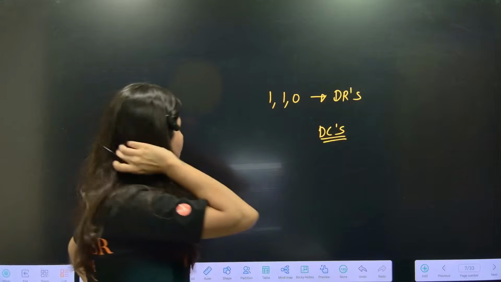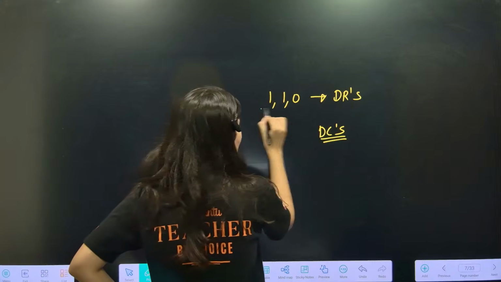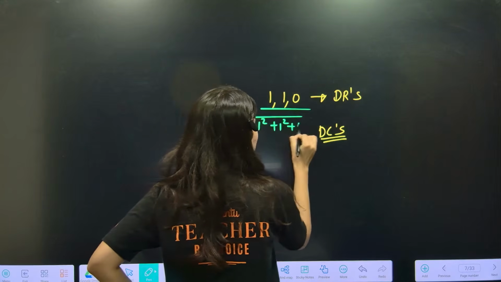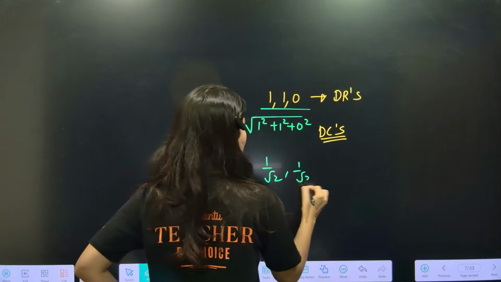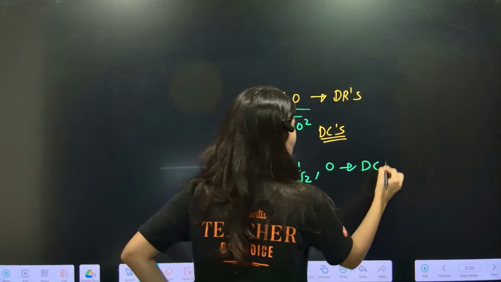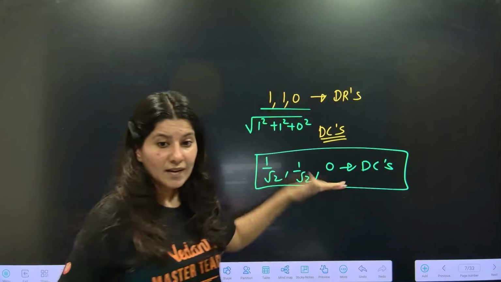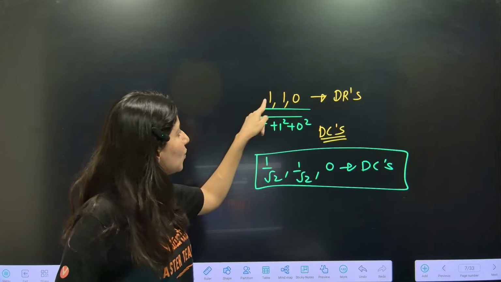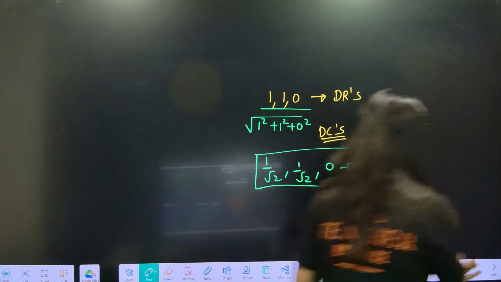So what I'm going to do is just divide by the square root of 1 square plus 1 square plus 0 square. So it will be what? 1 by root 2, 1 by root 2, 0. This will be your DCs. So how to go from DR to DC? Just understand, divide by the square root of a square plus b square plus c square. That's it. Okay. Done and dusted. Correct.